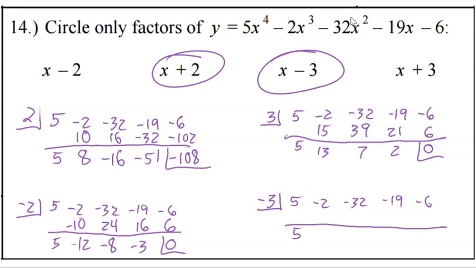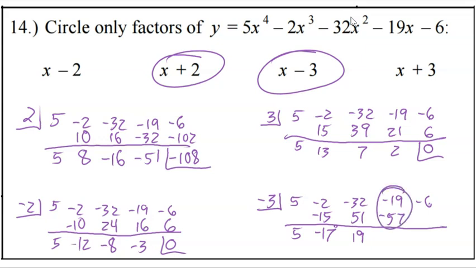5 times negative 3 is negative 15. Negative 15 minus 2 is negative 17. Negative 17 times negative 3 is positive 51. 51 and negative 32 is 19. 19 times negative 3 is negative 57.